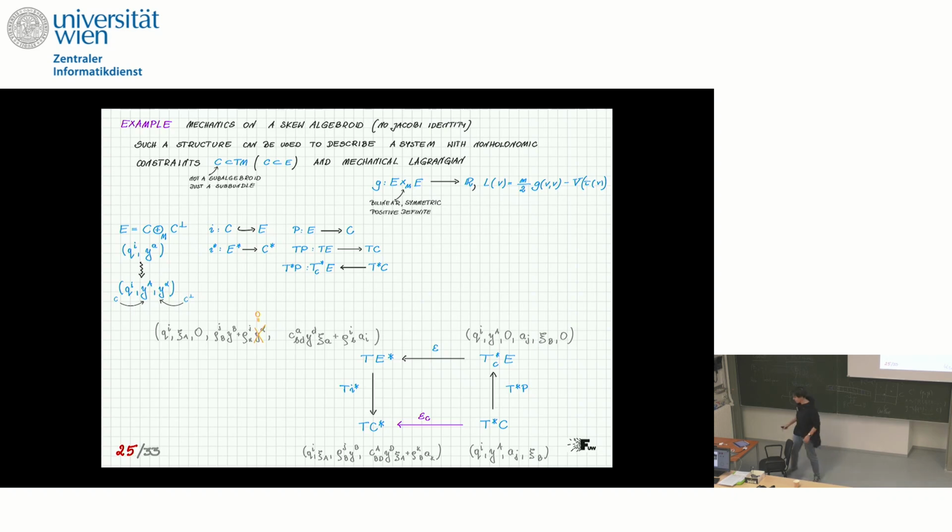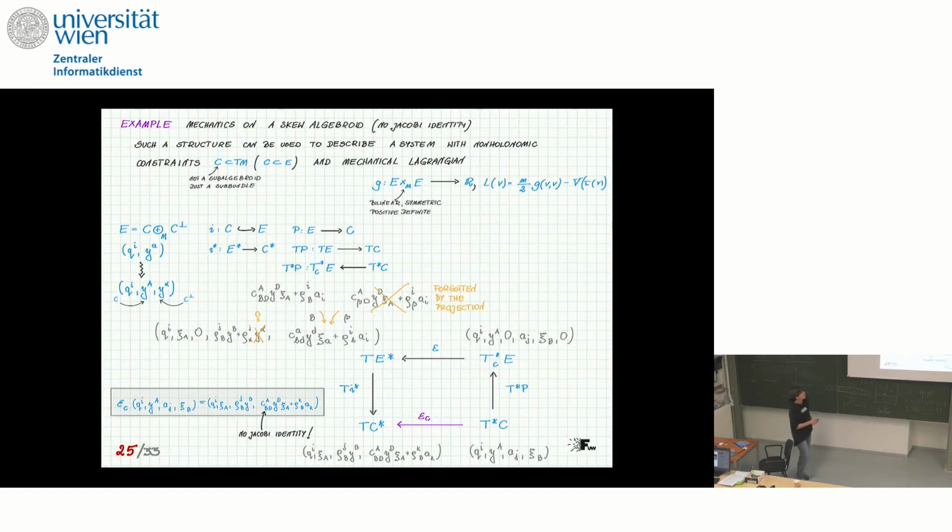This splits. This last coordinate splits into two parts, something with only capital Latin and something that can depend on beta. Yes, that can depend on Greek coordinates, but this part is killed by the projection here.